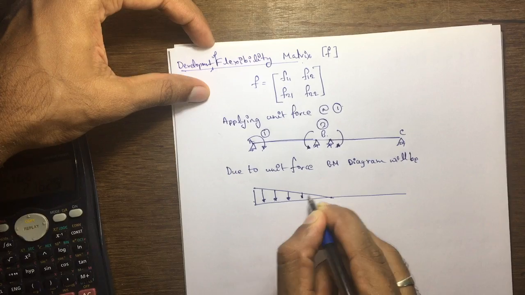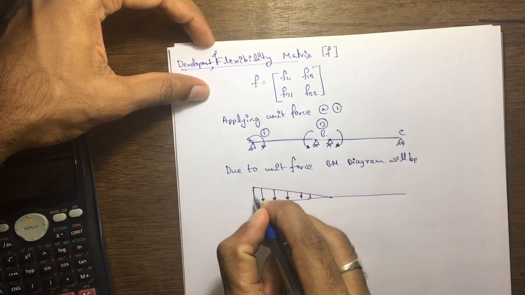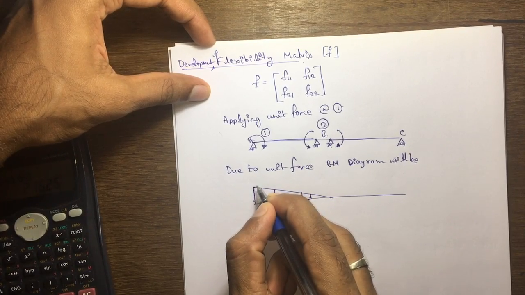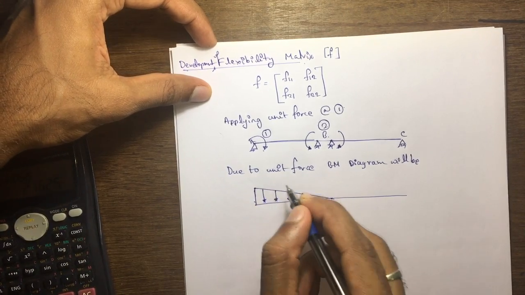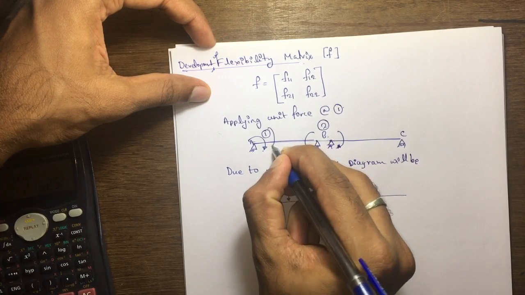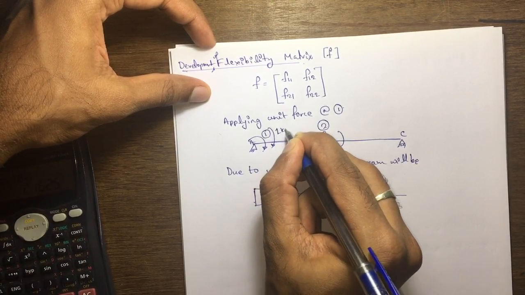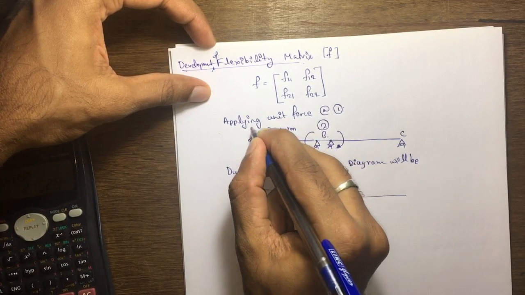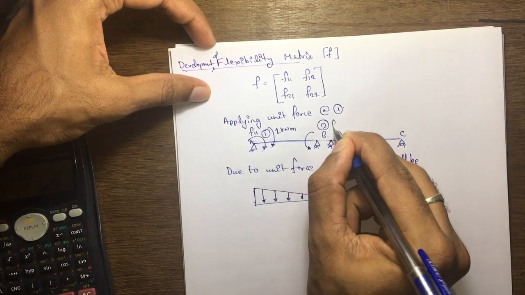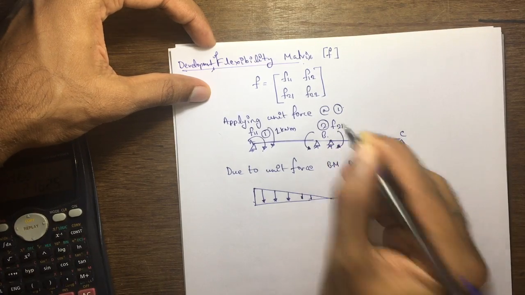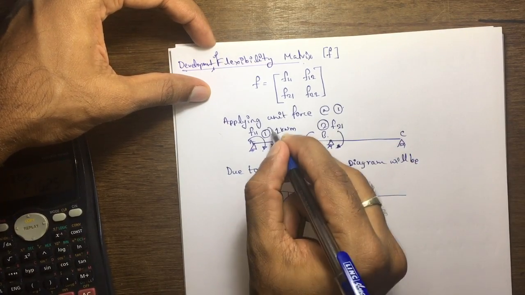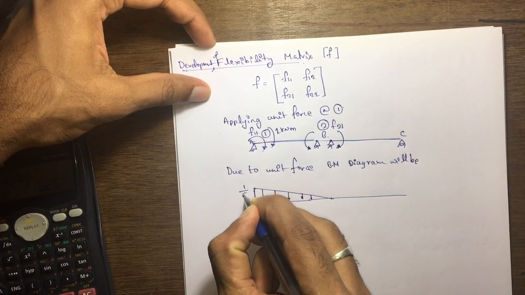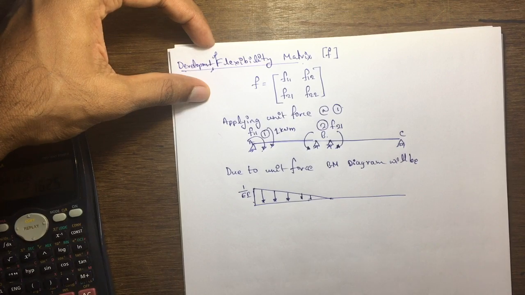So if I apply unit force, that is 1, moment is equal to 1, that is if I apply 1 kilonewton meter, this is nothing but F11, F21. So if I apply 1 kilonewton, M by EI, that is 1 by EI.